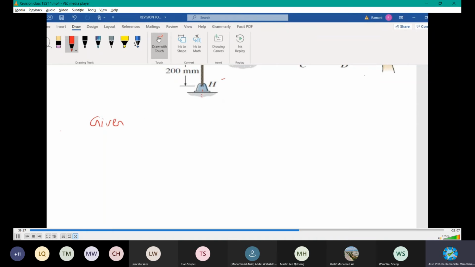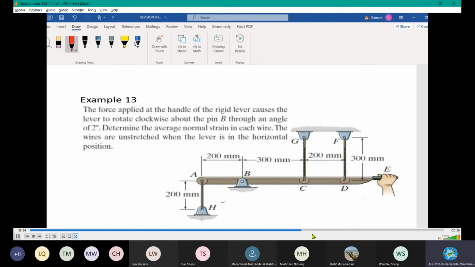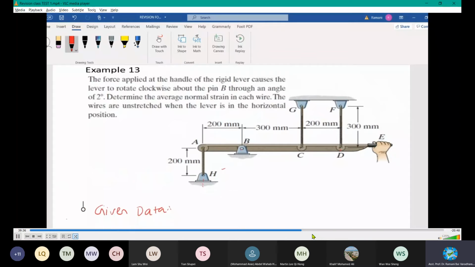Are you doing it? All are doing it? Given data, you are given with the members and the depth, original depths are given. Better you write down the original depth, otherwise you'll get confused. Given, write down the original length, that is important. You are asked to find strain means find out the original length first and the point of interest.